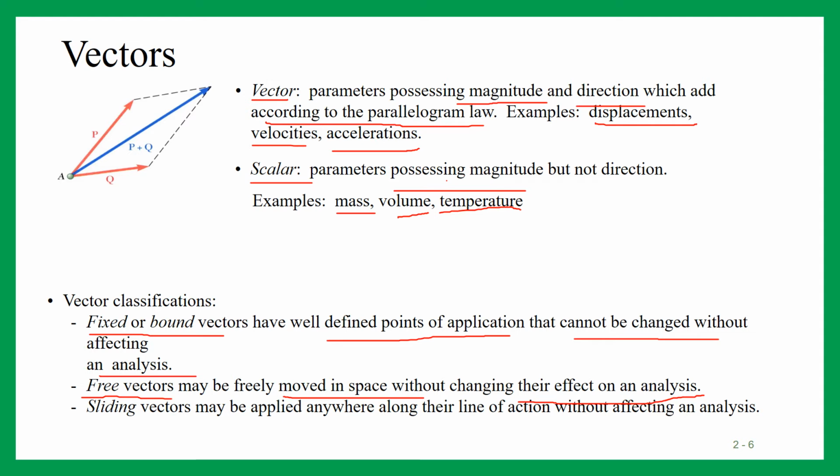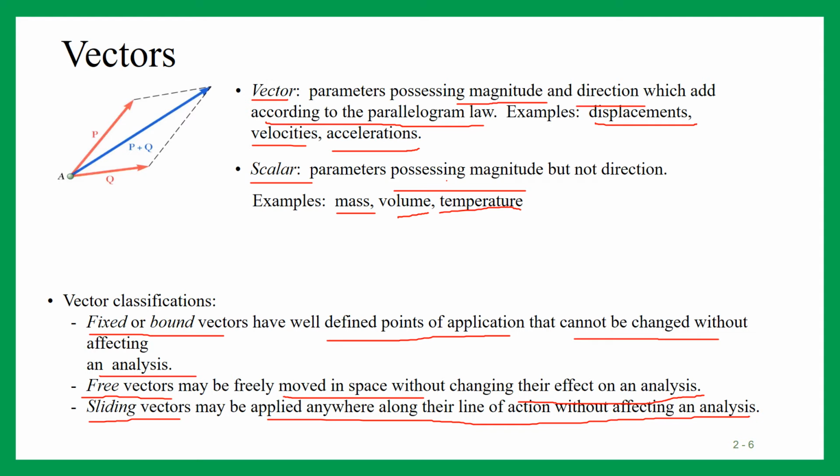If you move a free vector, the analysis will remain the same, because they do not have any effect on analysis. You can change their position and the analysis will not change.